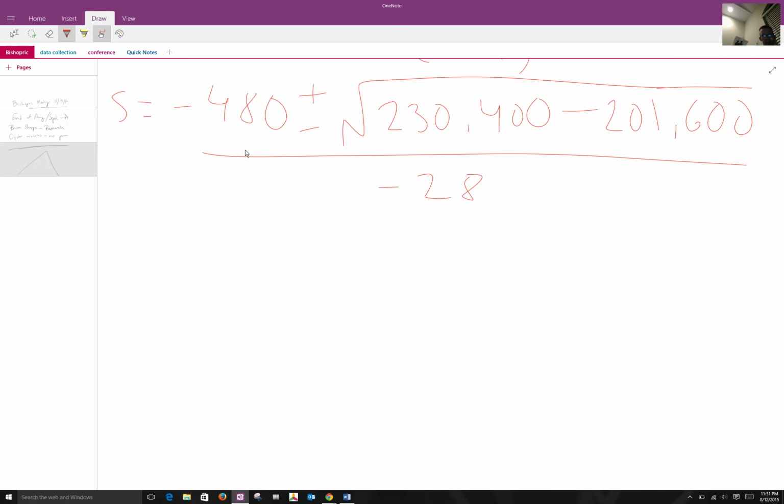So x equals negative 480 plus or minus the square root of, well, what's 230,400 minus 201,600? Well, that just happens to be 28,800. We're putting that all over negative 28.